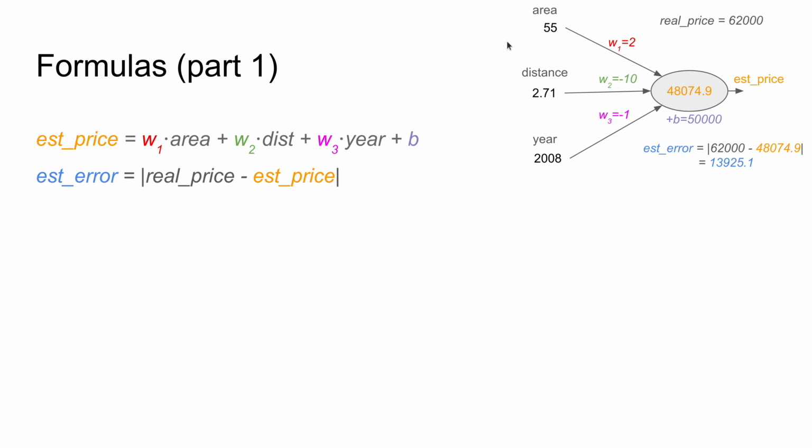Now let's recap. We have, first of all, area, distance, and year, 3 weights, and bias. We compute the estimated price, and then the estimation error as the difference.